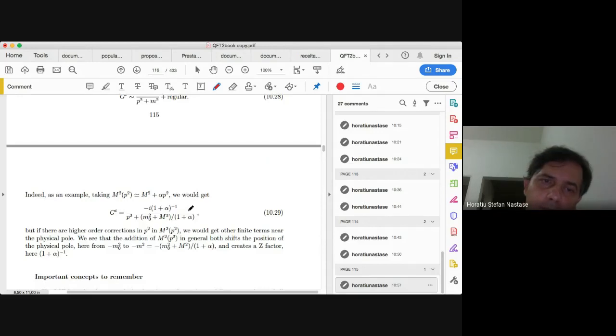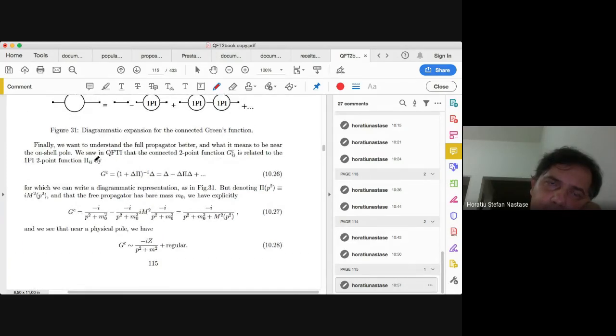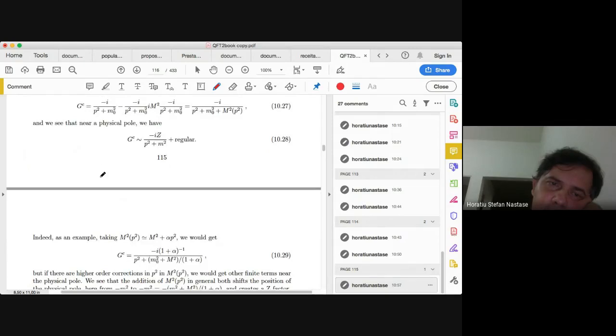Why is that? Well, a simple example to understand this is, let's assume this pi, this correlation function, is like this.